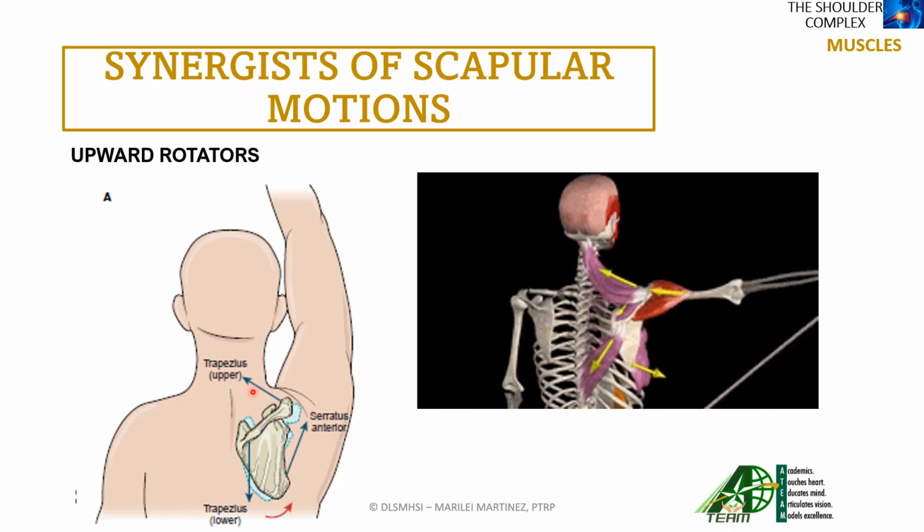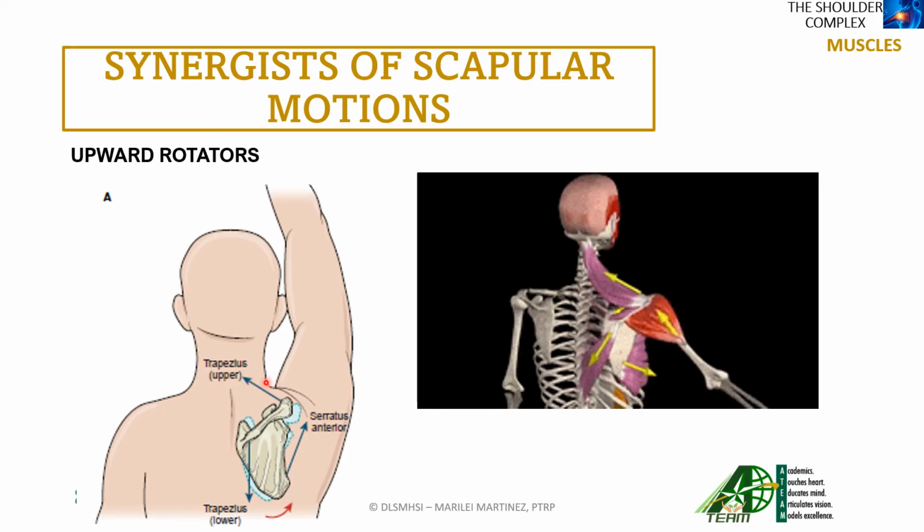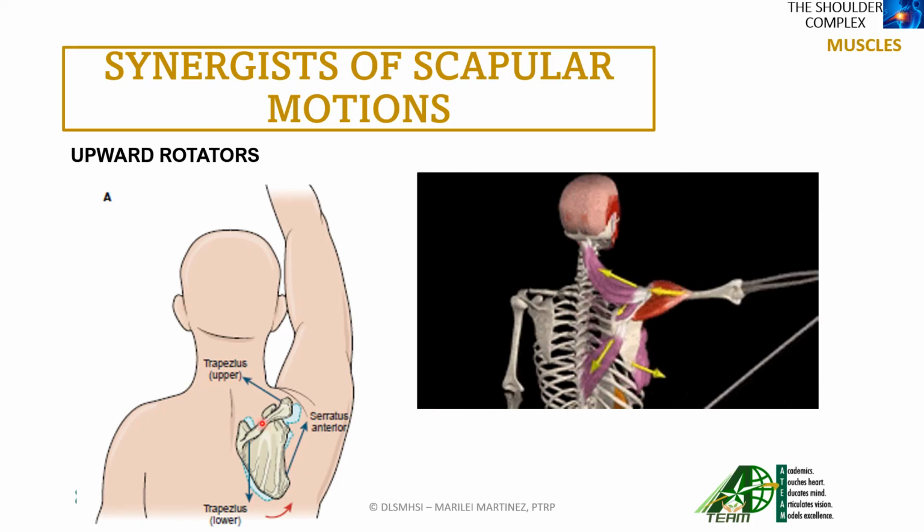The upper trapezius moves the scapula in an indirect manner because, as you can remember from the original insertion, the upper trapezius is not really directly attached to the scapula. Instead, it is attached to the clavicle, but since the clavicle is attached to the scapula, it will cause motions in the scapula whenever the upper trapezius contracts.